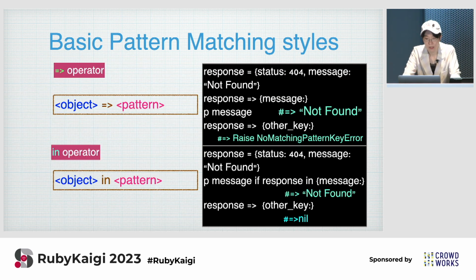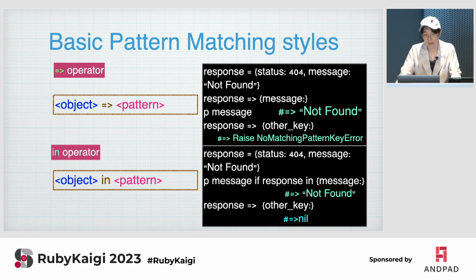And more, we have two operators for pattern matching, the arrow operator and the in operator. These are very similar, but the arrow operator raises an exception when there is no match, whereas in returns nil.